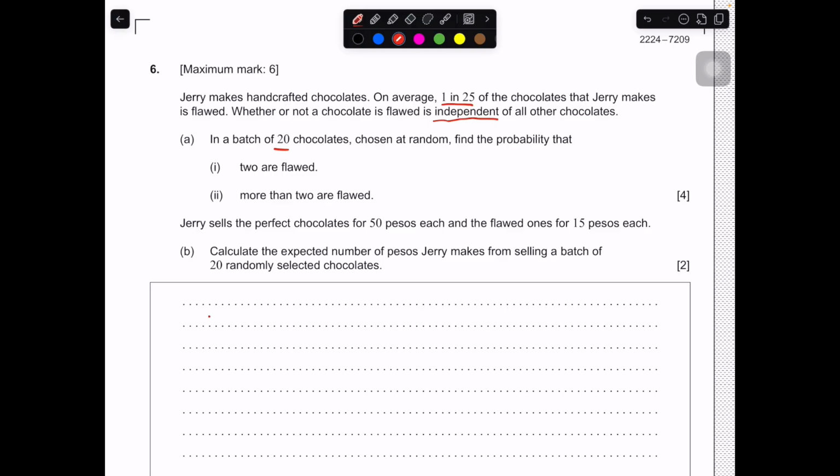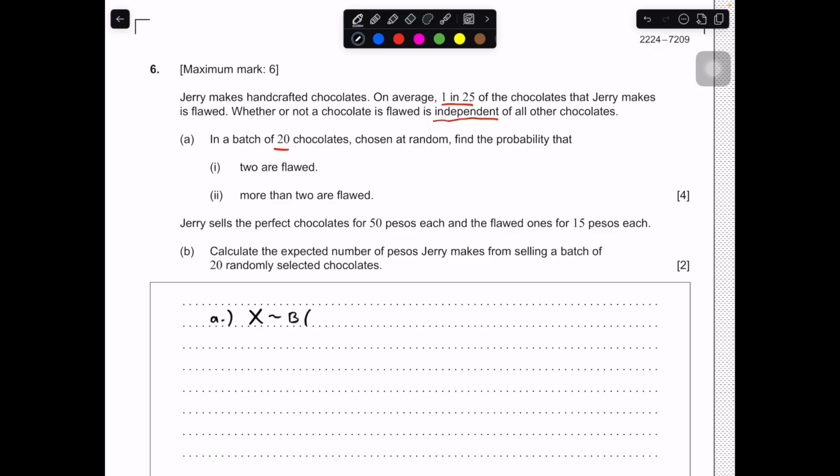So after we find that it is binomial, that narrows things down for us quite a bit. There are a few different ways that we can write our process. The most conventional way is we say that x, some variable, can be approximated with a binomial distribution, and then we say the number of trials and the probability that something is flawed or not flawed.